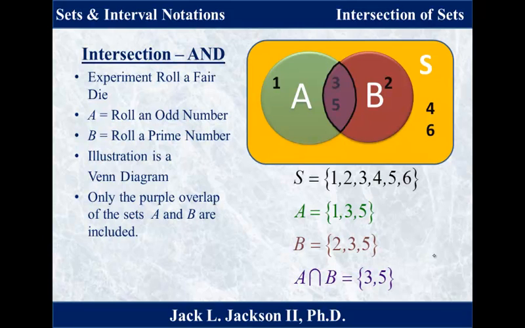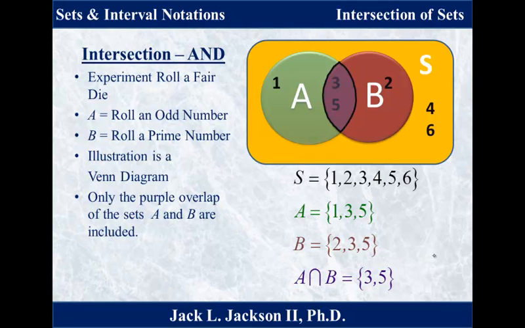And the event A is that we're going to roll an odd number, and B is the event we're going to roll a prime number. So the odd number event A is the set {1, 3, 5}. Those are the possibilities for rolling an odd number. B is the set of prime numbers that are in our set S, and that's the set containing 2, 3, and 5.